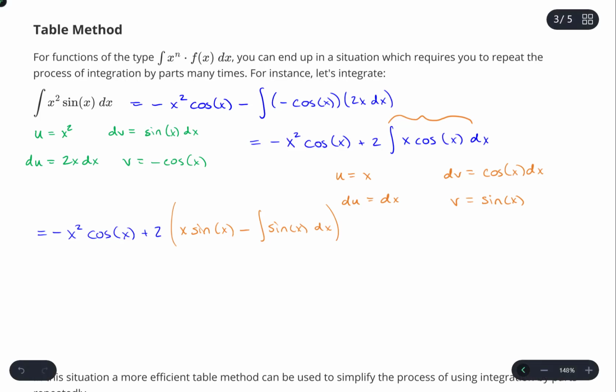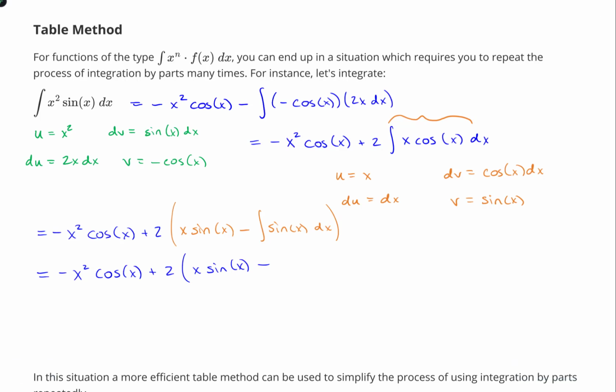And we still have another integral to go, but luckily this one is just the integral of sine, which is one of our basic integral formulas that we know how to do already and doesn't require the use of parts integration. So it looks like I would have plus 2 times the quantity x sine x minus the integral of sine, which is negative cosine, so that's going to make this plus cosine x.